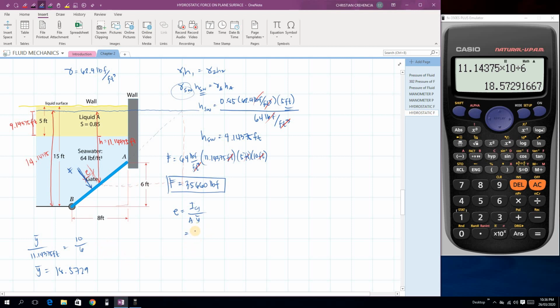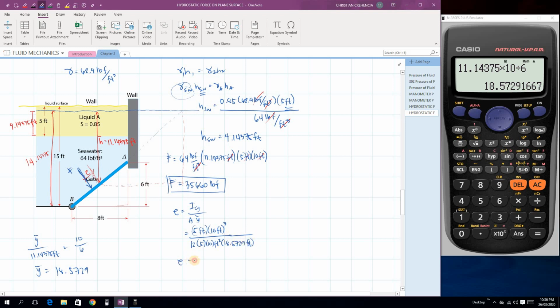So, ICG is BH cube over 12, center of gravity. So, yung B natin is 5 feet pa rin. H is 10 feet ng gate, length ng gate, cube over 12, times area is 5 by 10, pagsamay ko na unit na nila, square foot, times y bar natin na 18.5729 feet.